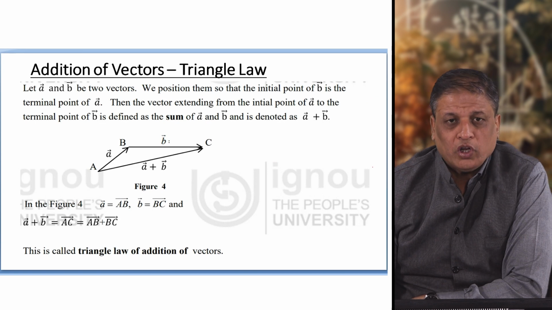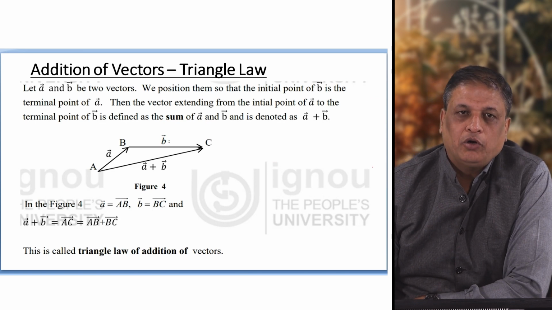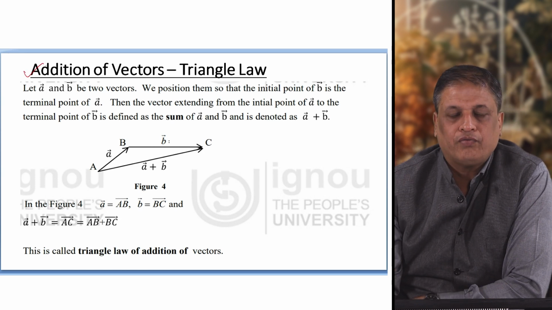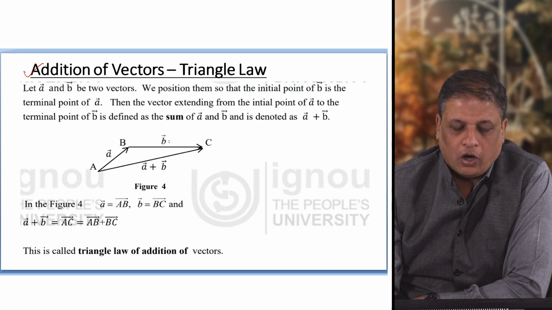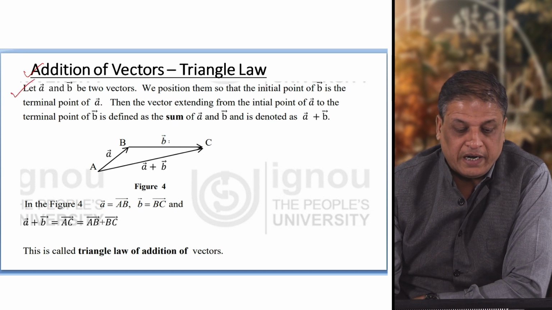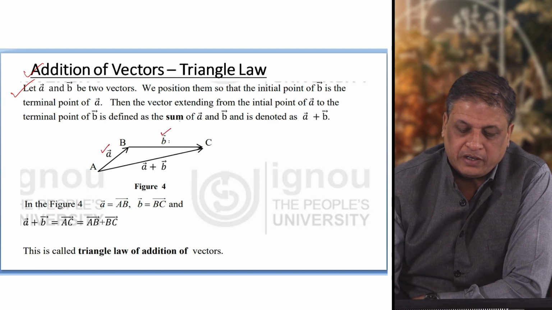In order to perform the algebra of vectors, there are some laws, and the first law is the triangle law of addition of vectors. The formal statement says: let A and B be two vectors.